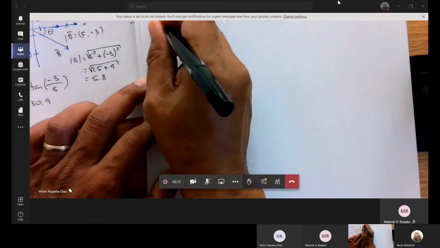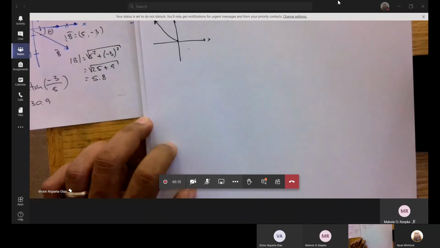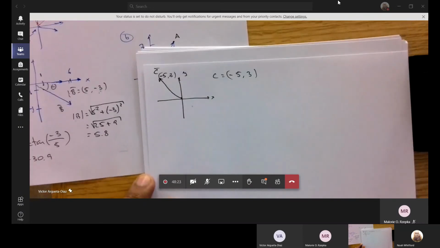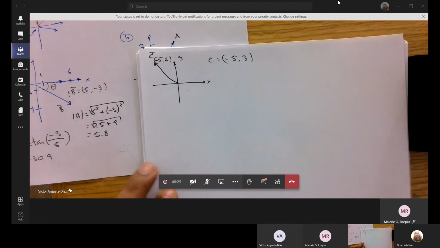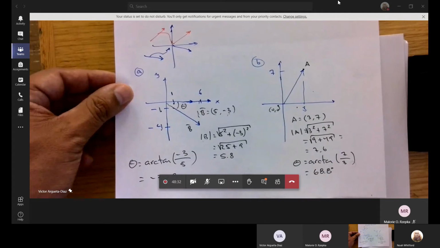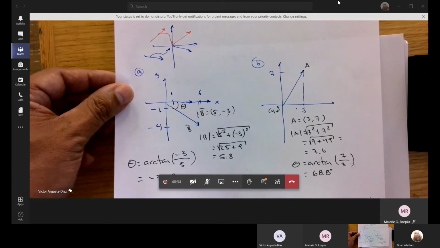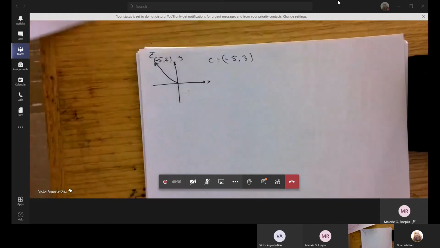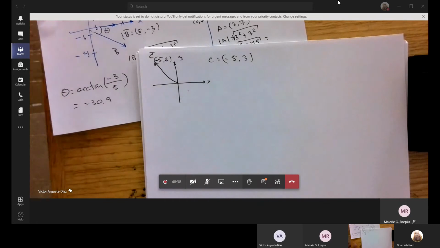So this point over here is minus 5, 3. Okay, so notice that it's exactly the same as what we have for vector A, just kind of like a mirror image. So now instead of being in the fourth quadrant, it's going to be in the second quadrant.